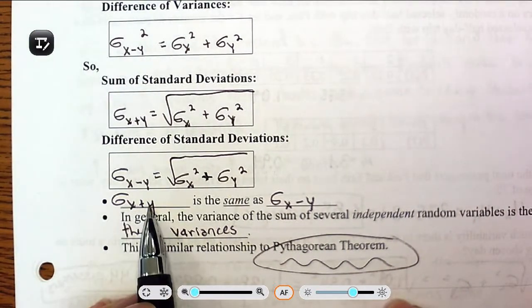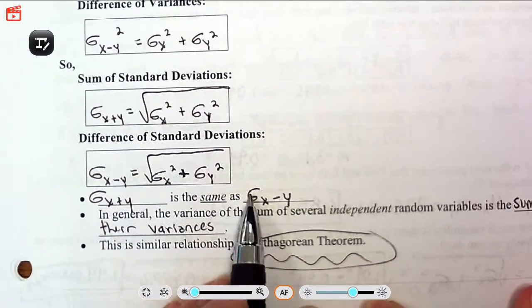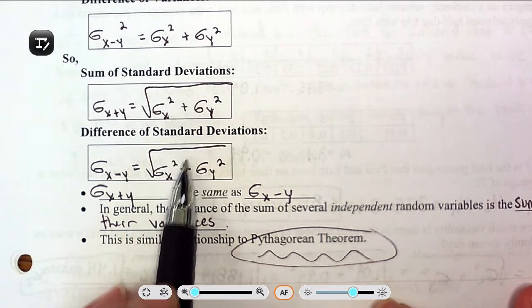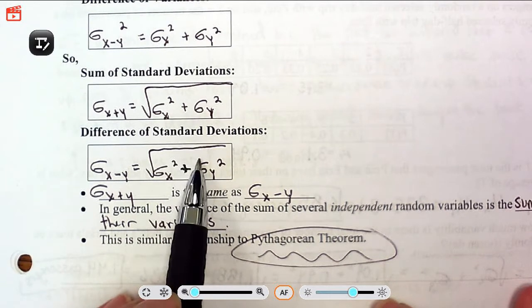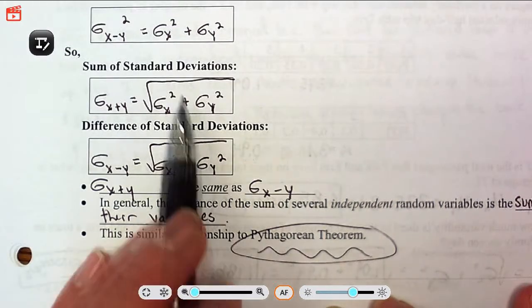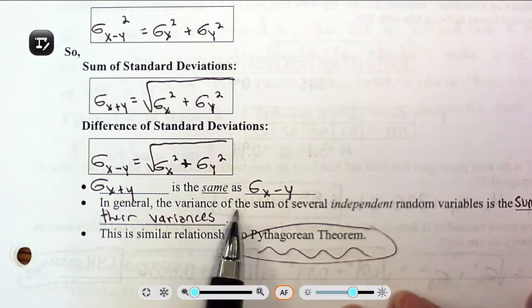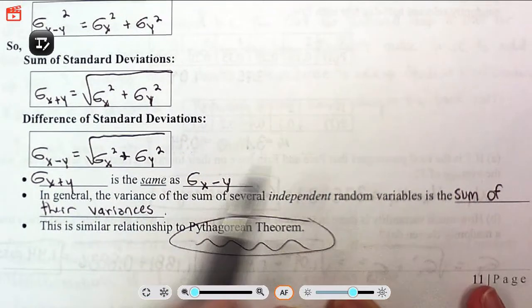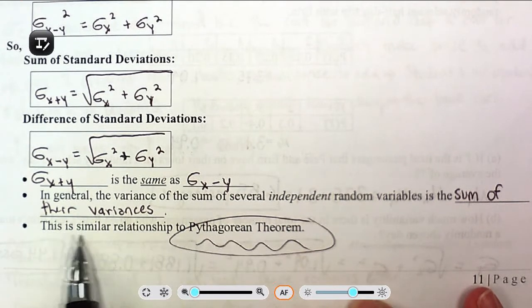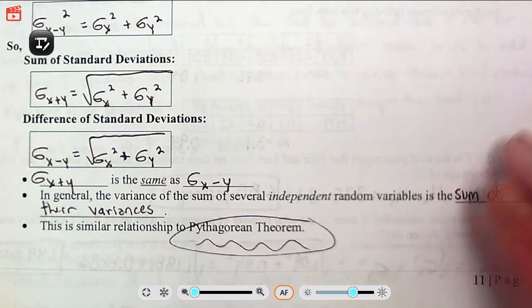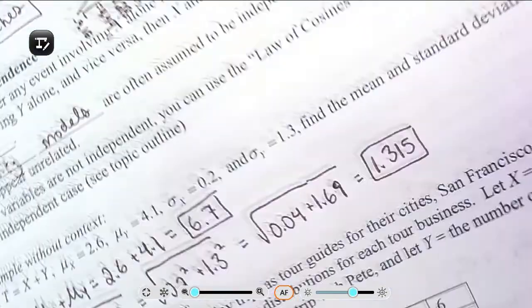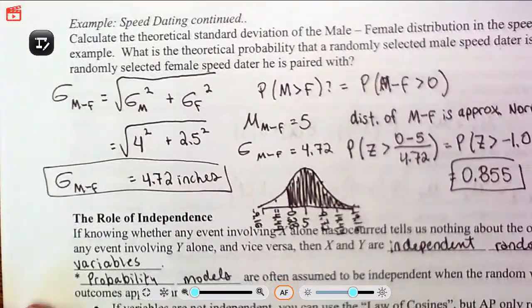So sigma X plus Y is the same as sigma X minus Y, in terms of the formulas for the sum or the difference of two random variables. In general, the variance of the sum of several independent random variables is the sum of their variances. This is similar to the Pythagorean theorem, where a squared plus b squared equals c squared, kind of idea.